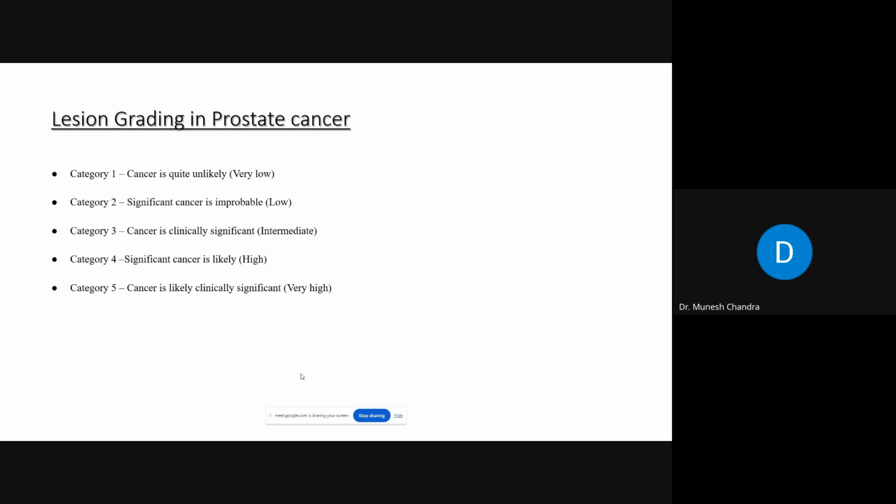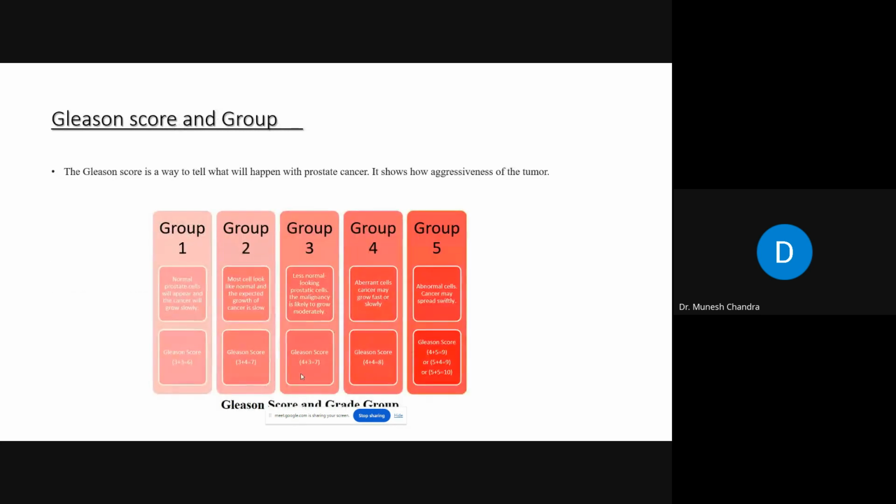If it reaches category 4 and 5, after category 3, the person is said to be in the last stage. Beyond category 3 it is very dangerous. So before category 3, if we are able to identify it, then we can take suitable actions.